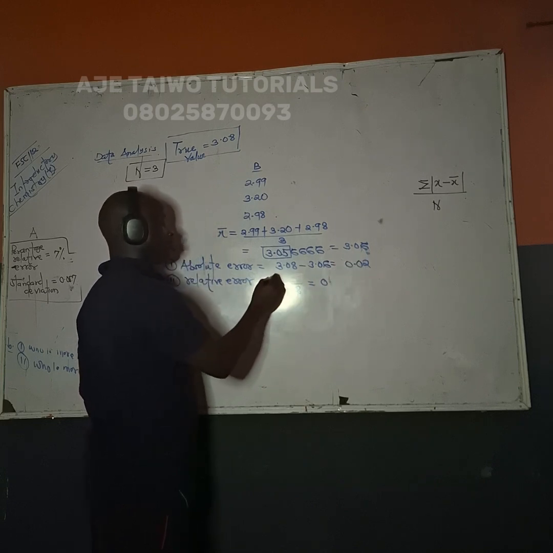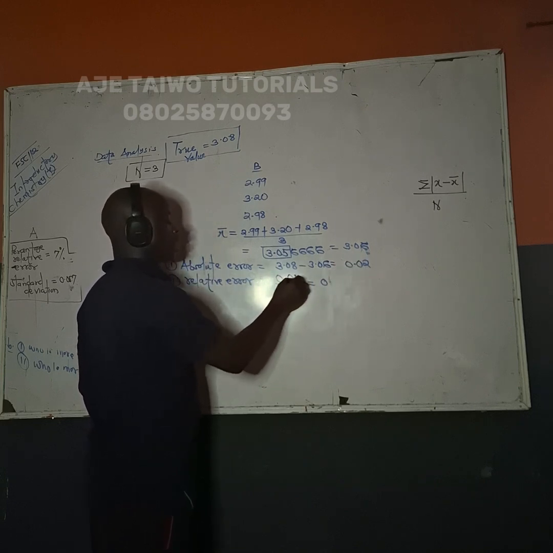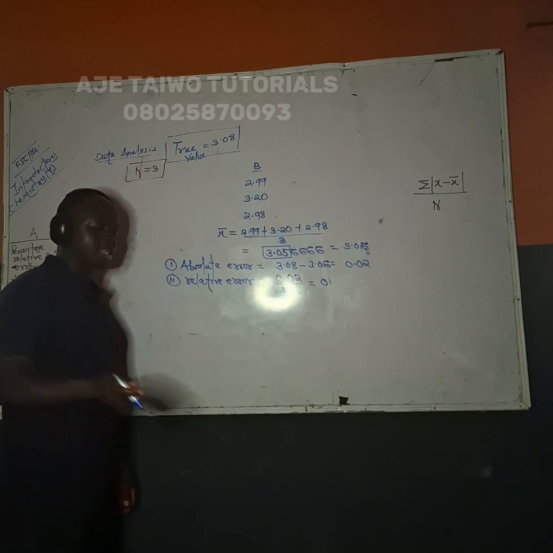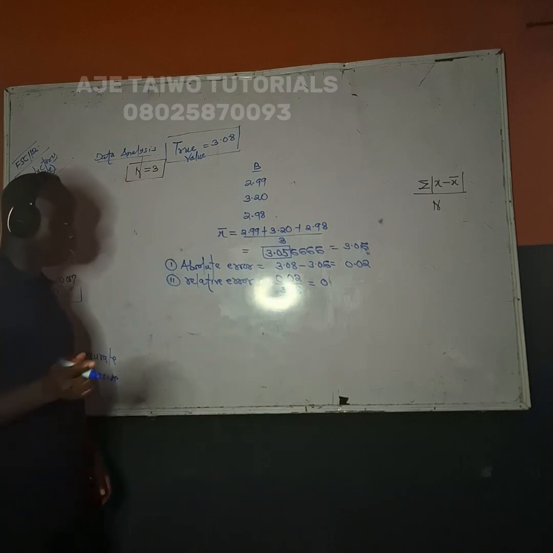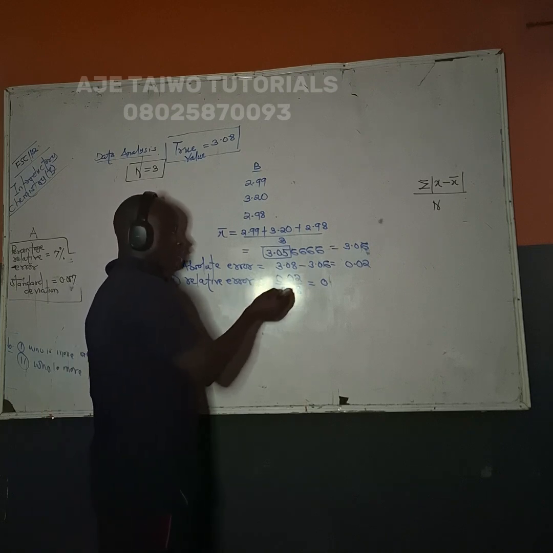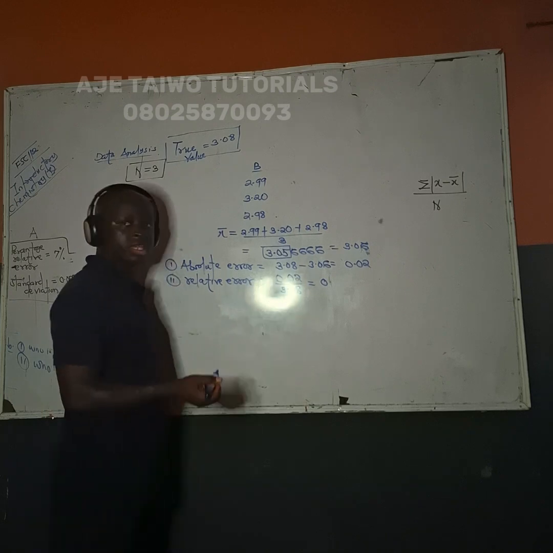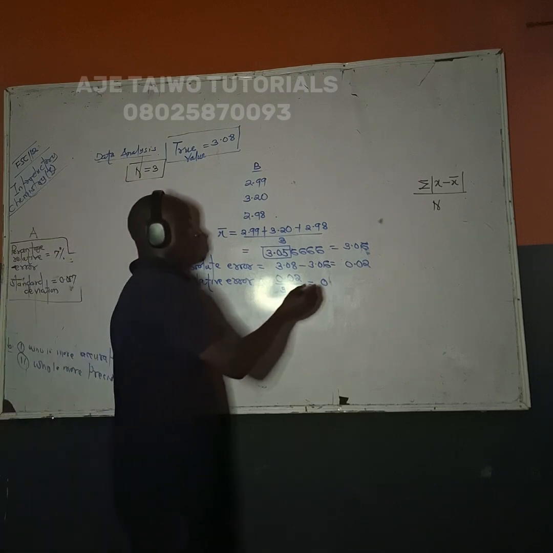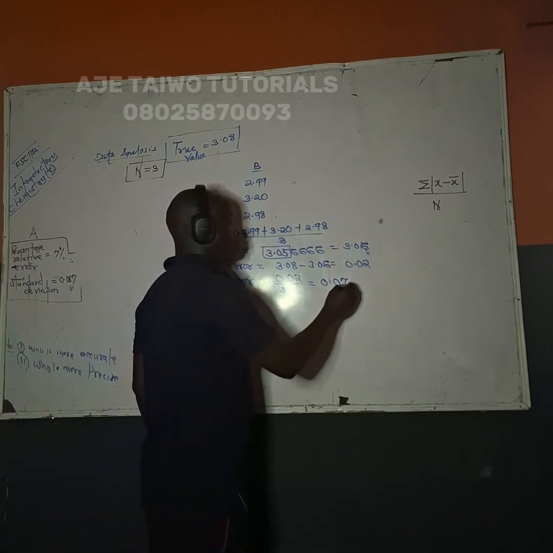If at all you want to drop a number, you can't drop a number just like that, unless you're testing the rounding off principle, which I've explained to you. We divide this 0.02 by 3.08. What did you get? 0.07.